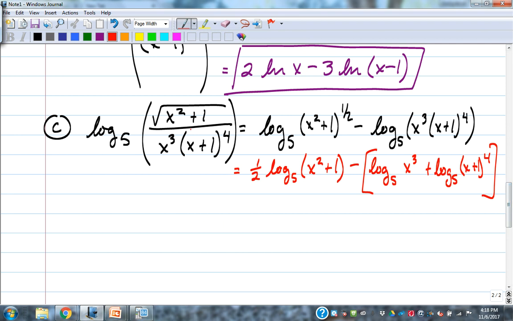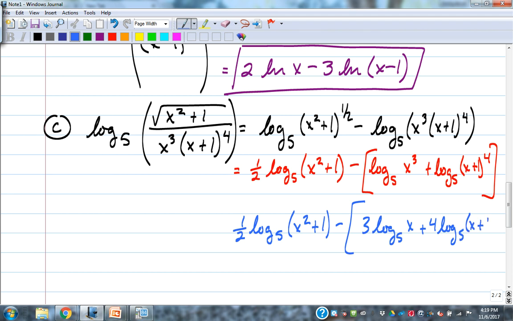And then what else could I do to this stuff that's in the brackets? Yeah, move the exponents to the front of each of those pieces. So I've got 3 log base 5 of x plus 4 log base 5 of x plus 1.